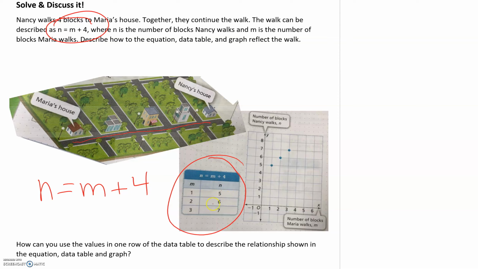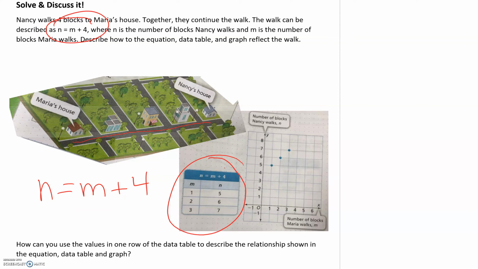Continue on: 2 for Maria, 6 total for Nancy, and 3 for Maria, 7 total for Nancy, which makes sense. Nancy started off with already 4 blocks before she met up with Maria. So that makes sense in her equation, that she would already have 4 blocks on Maria.